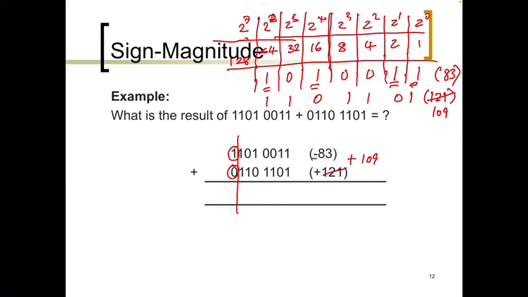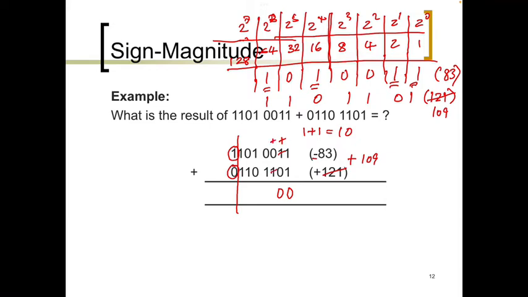We have 1 plus 1 equal to, don't say it is 2. We are working on binary, so this is 10. We put 0 here, and we carry 1. Then we have 1 here, another 0 and 1, so we have 1.